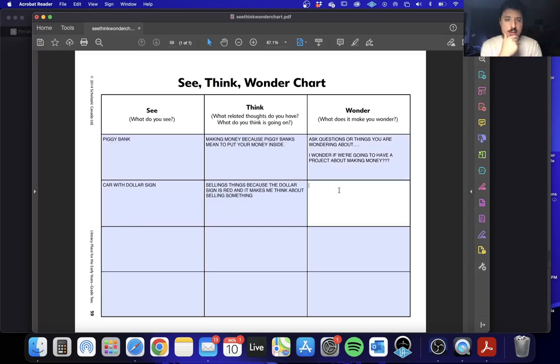Car with dollar sign. I see a car with a dollar sign. I think it's about selling things because the dollar sign is red. It makes me think about selling something. And then wonder, what are you wondering about? I wonder if there's a special word in math for selling something.